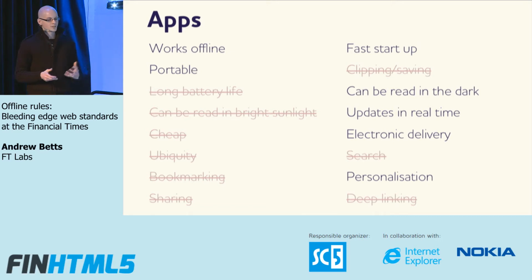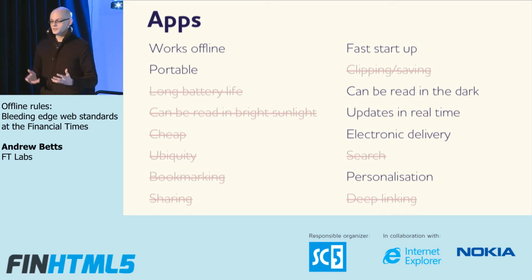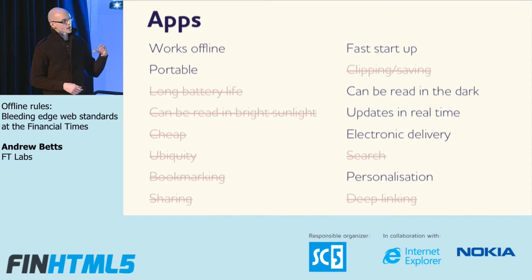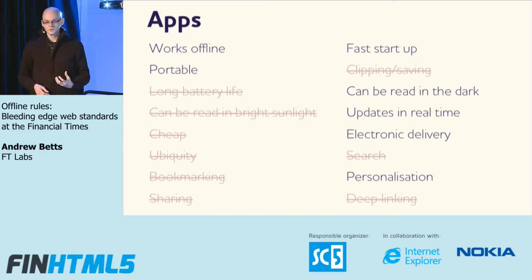And publishers see apps, or saw apps, potentially as a way of fighting that and delivering a neat package of content that contains a lot of stuff in one neat bundle. But at the same time, apps don't actually deliver all of the features that we want to provide users in our news reading experience. And some of these actually could be impossible to deliver on certain proprietary technology platforms.